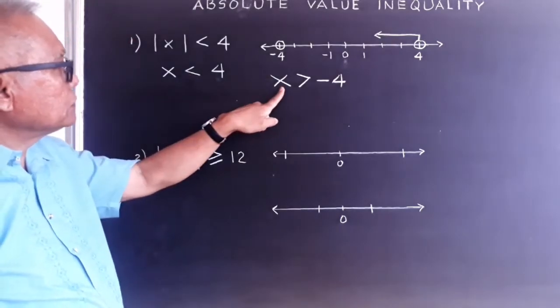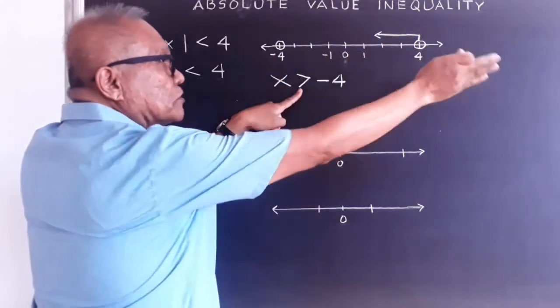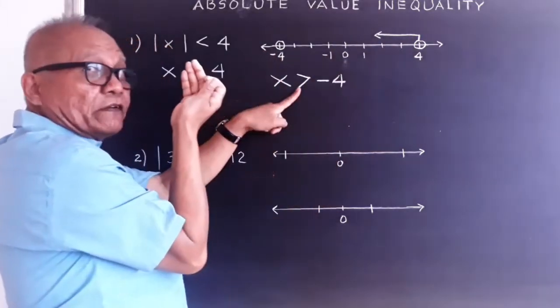What about the other one? X is greater than -4. Greater is going to the right, less than is going to the left.